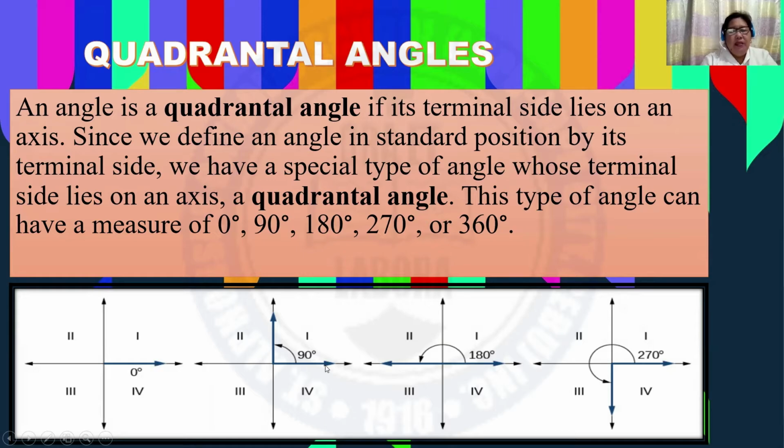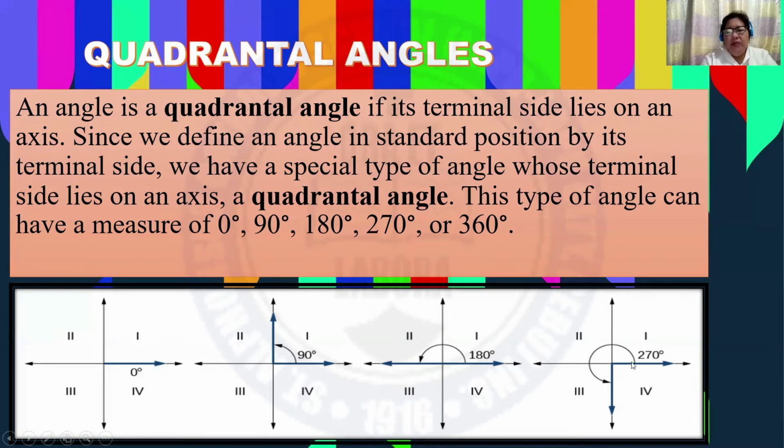For 90 degrees, the initial side is here, and you end up on the y-axis, and this is now the terminal side. For 180 degrees, the initial side is on the x-axis, and the terminal side this time lies on the negative x-axis.